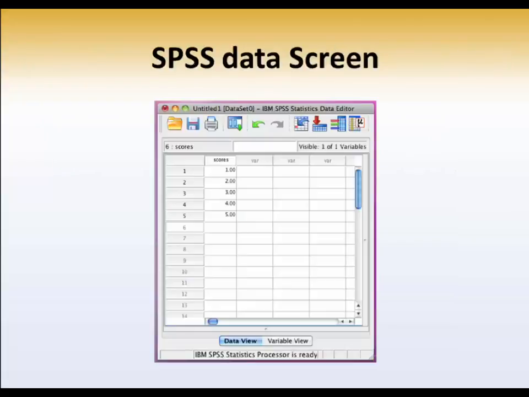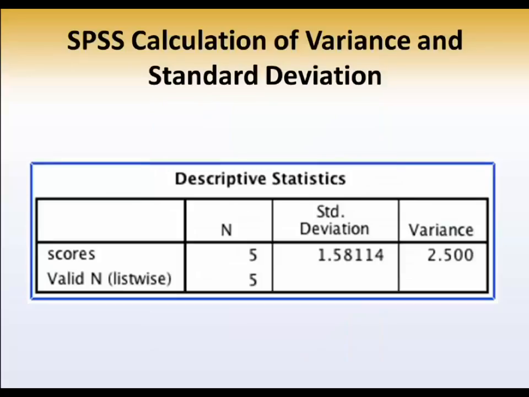So we enter those into SPSS in the data view screen, and we ask SPSS to calculate the variance and standard deviation. Again, you'd go through analyze, descriptive statistics, and so forth, and here are the results. The standard deviation is 1.58 and the variance is 2.5.